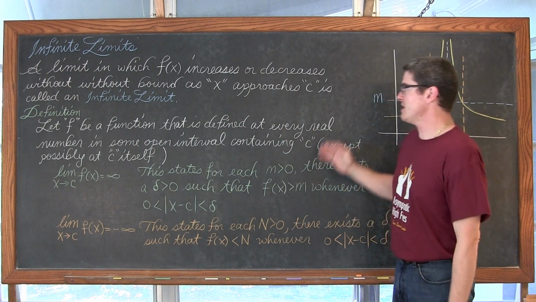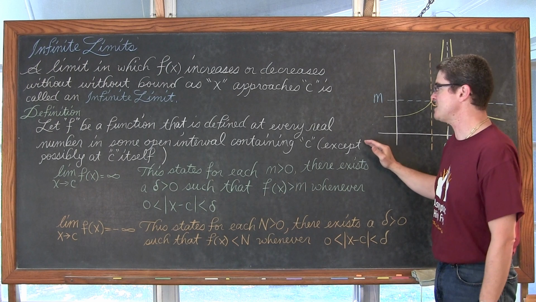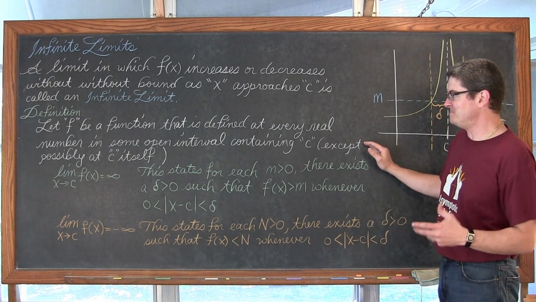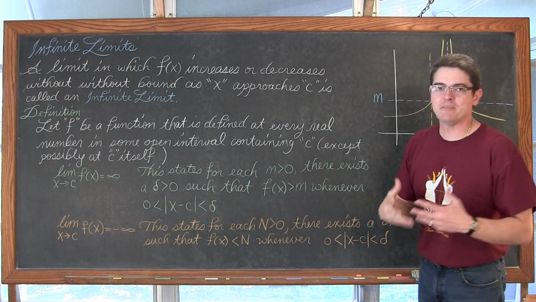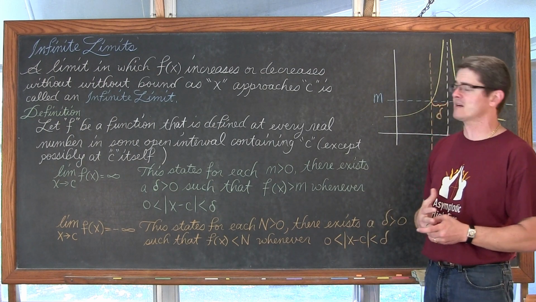Let f be a function that is defined at every real number in some open interval containing c, except probably c itself. It's going to be undefined there. I say we're working the possibly. This is the beginning stages of calculus, and mathematics can get quite complicated.